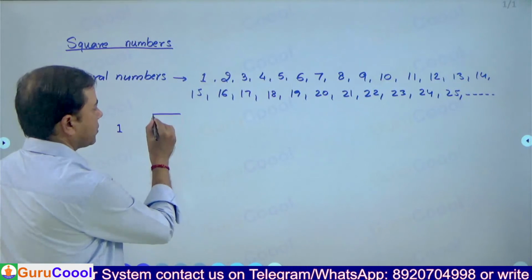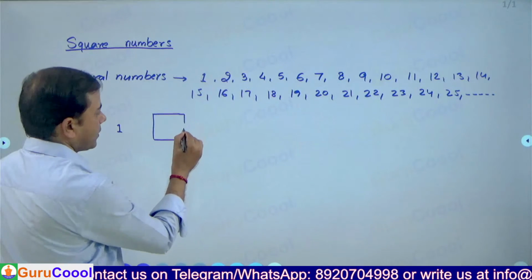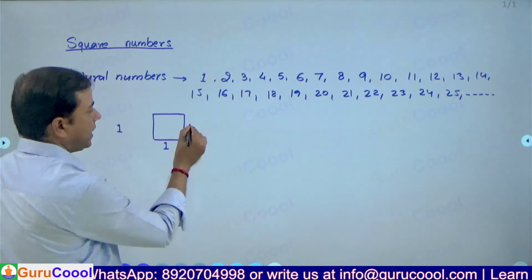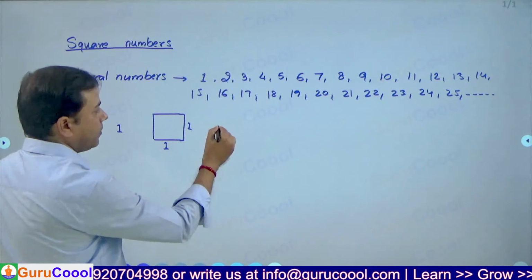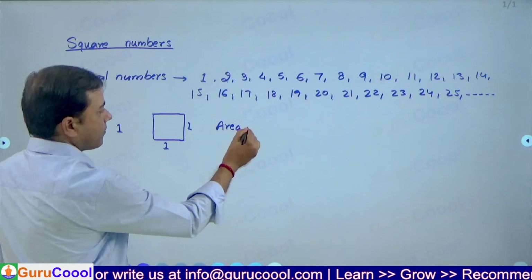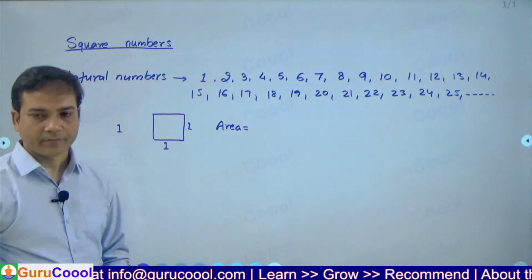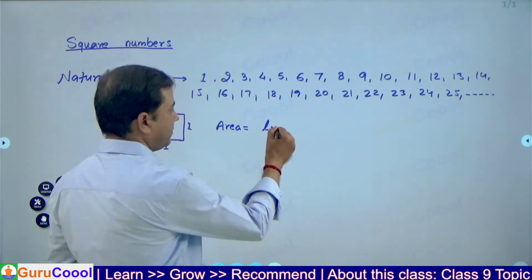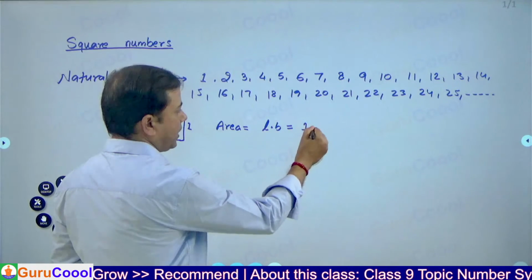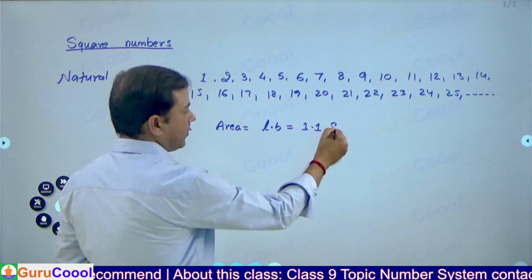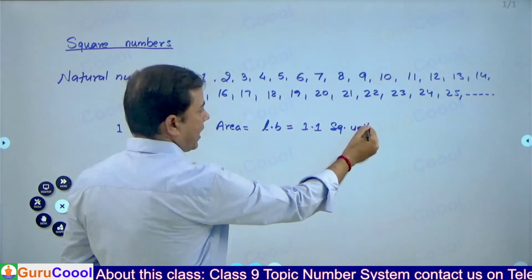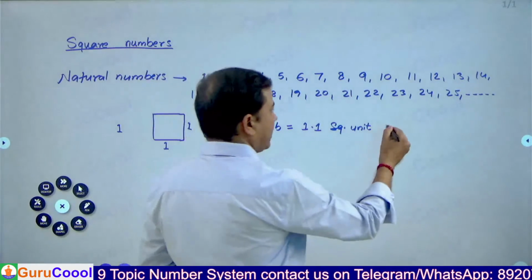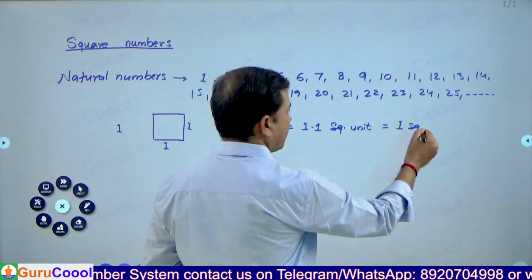If you draw a square of length 1 unit and breadth also 1 unit, what will be the area? L into B, that is 1 into 1, 1 square unit. I am not writing centimeter or meter, it may be any unit.